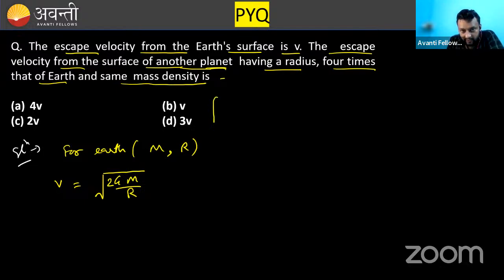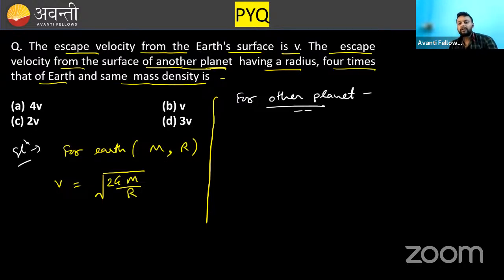Now, if we talk about some other planet, what is mentioned is that the radius is 4 times. That means let's suppose its radius is r dash, which is 4 times the radius of Earth. And another thing, they are saying the same mass density, denoted by rho.